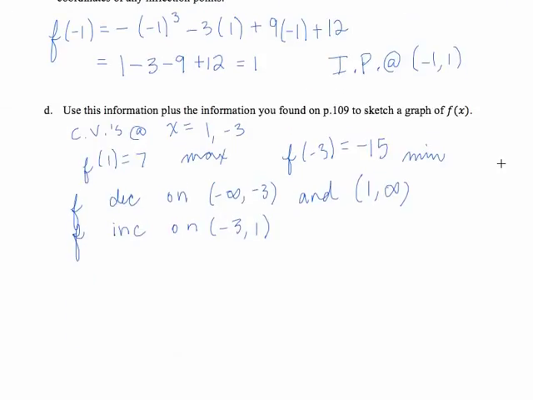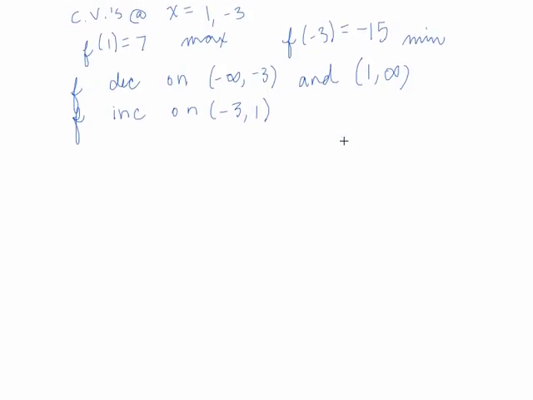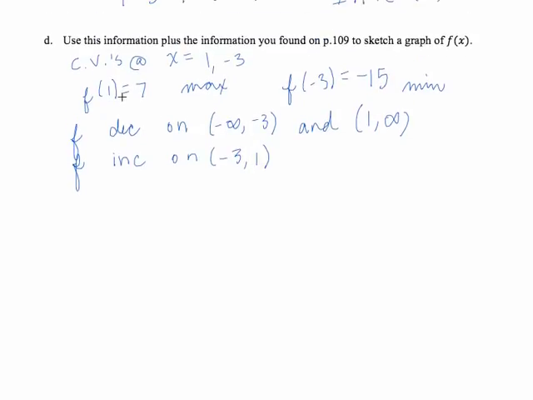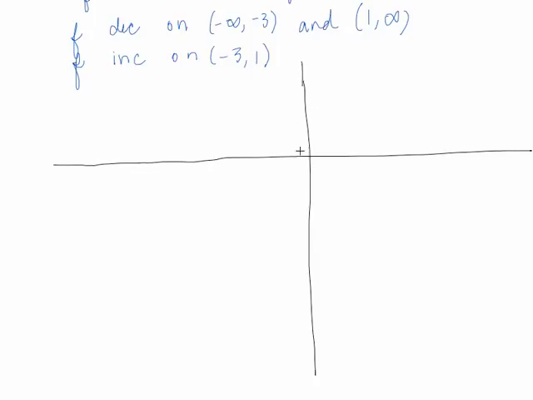So putting all that together, the largest y value I'm going to need is 7. The smallest y value I need is -15. And all of my important points happen between -3 and +1, it looks like. So let's draw our axes about like so.